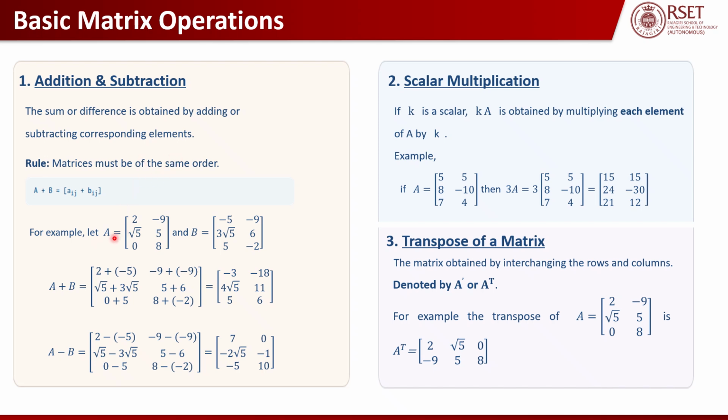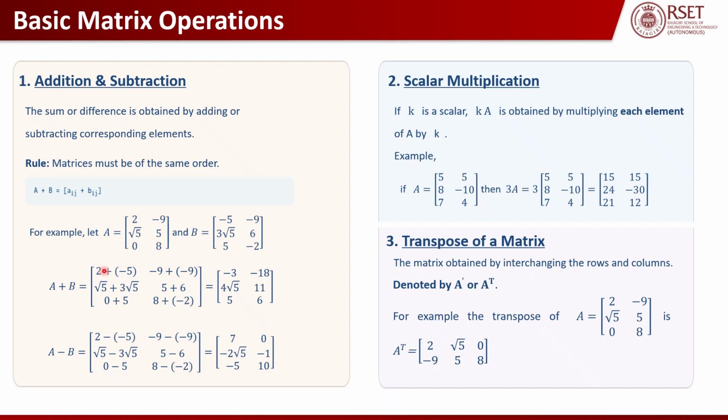For example, here there are two matrices, A and B. We take the first element of matrix A and add it to the first element of matrix B, then the second element of A to the second element of B. So the corresponding elements are added or subtracted.